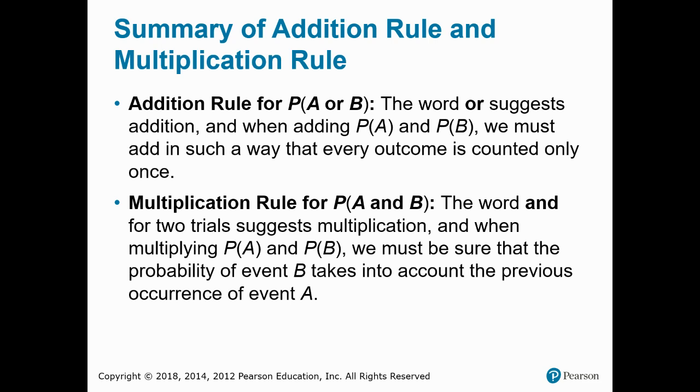For the multiplication rule, we need to decide if the events are independent or dependent before we start working the problem. If they're dependent, your second probability is going to change. That's what you need to remember about the multiplication rule. The key word for the multiplication rule is and. So, or for addition, and for multiplication.